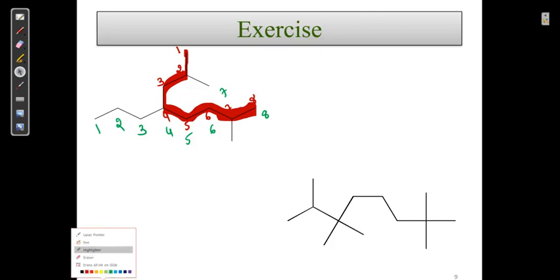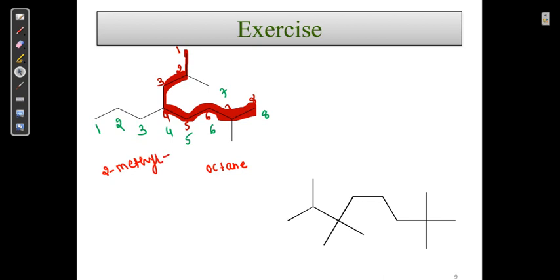So what we normally follow here is octane, then this 2-methyl, 4-propyl, 7-methyl.